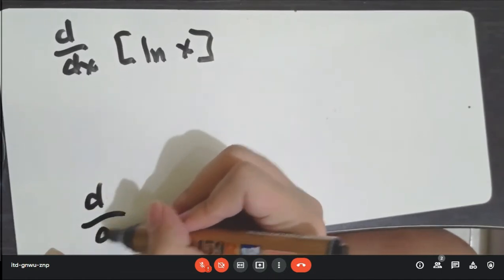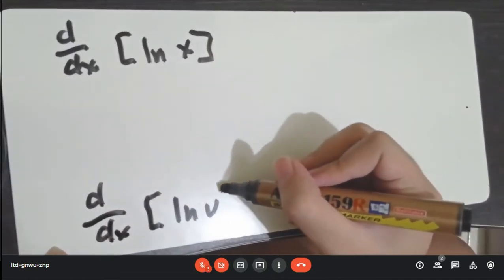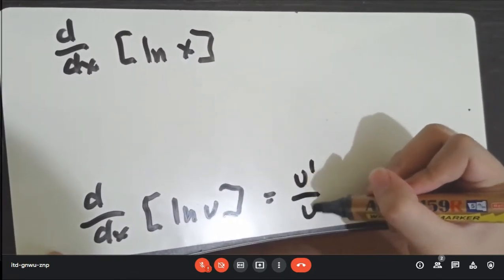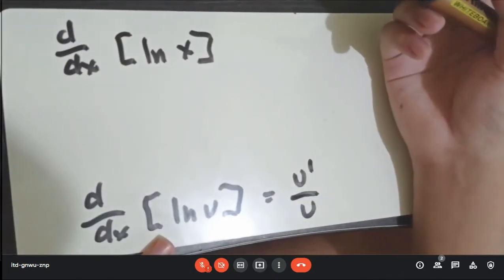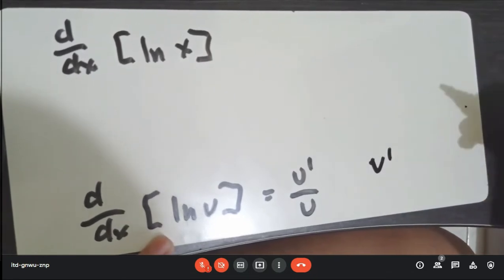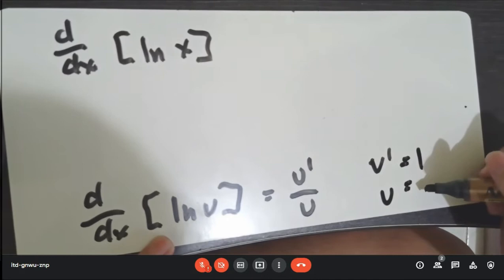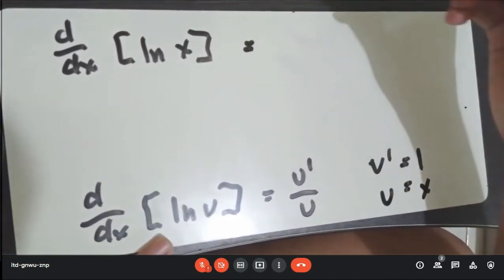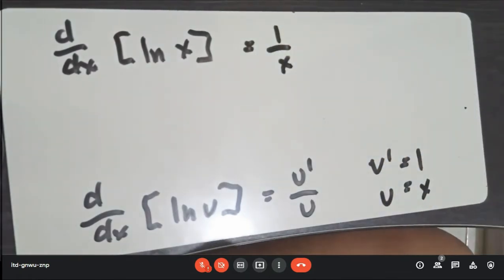The derivative of ln u is equals to u prime over u. So in this example, the u prime is 1 and the u is x. So the answer here is 1 over x.